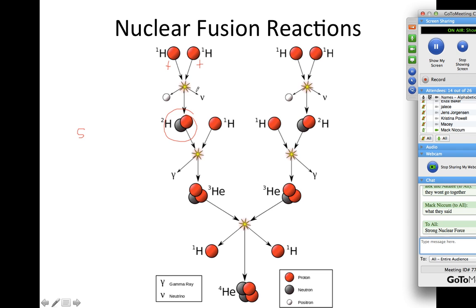Okay, in this moment of fusion, one of the protons expels a positron, which is the positive charge, and turns that proton into a neutron. All right, no charge. And then it ejects a neutrino, that is a particle, very, very small, but with a lot of energy. Okay, and the neutrinos go just flying out.